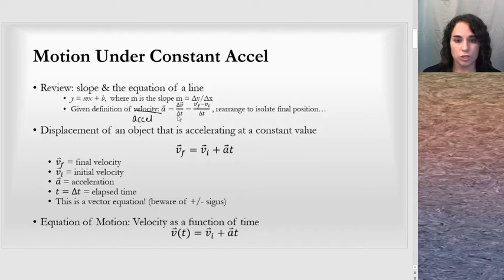The acceleration is the change in the velocity over the change in time, and I can write that into more specific, more detailed variables. And if I rearrange this equation here, you can note that it's similar to the equation of a line, y equals mx plus b. We get the final velocity is equal to the initial velocity plus whatever velocity was gained or lost due to the acceleration over a period of time.